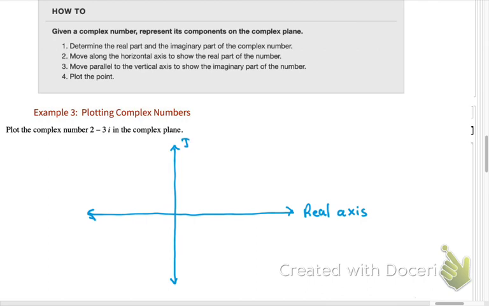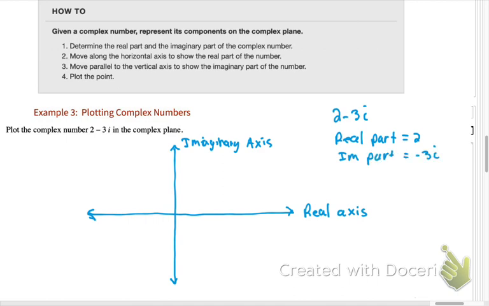The vertical axis is called the imaginary axis. Okay, so with the number 2 minus 3i, the real part, as we did in our example above, is equal to 2, and the imaginary part is equal to negative 3i.